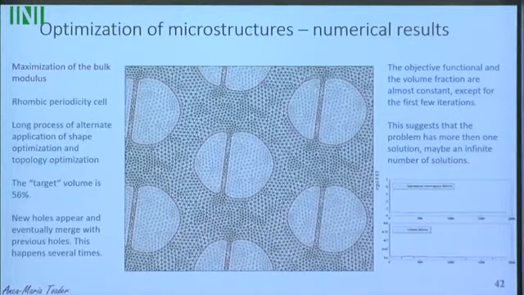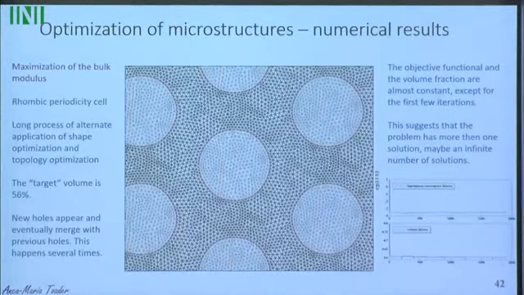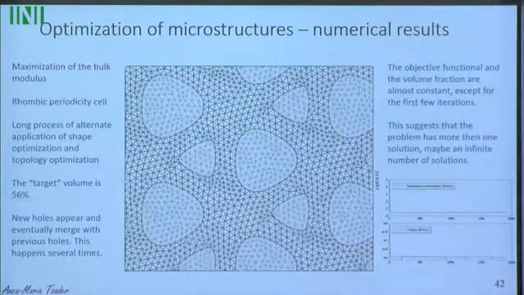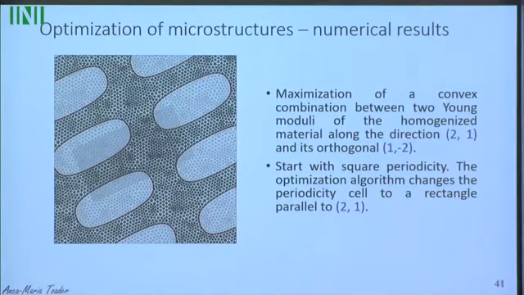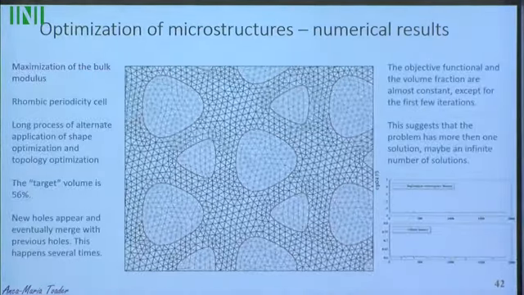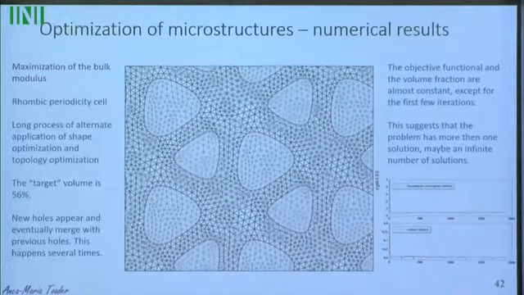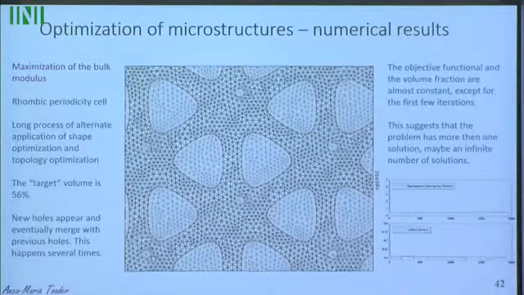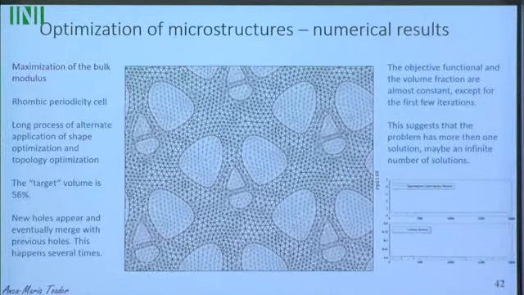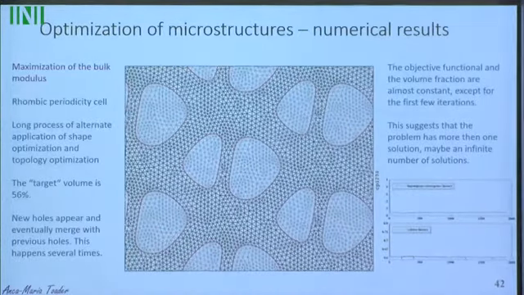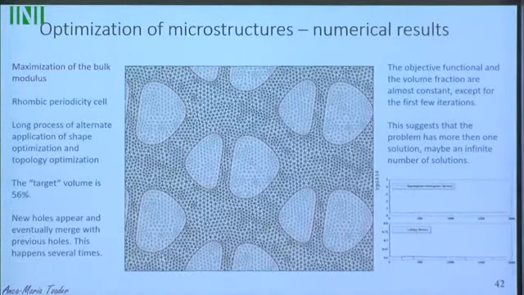And this gives the idea that there might be several solutions, because if we take a look here in the history of convergence of the Lagrangian, except for the very first iterations, we have almost the same value, except for these peaks where we refine the mesh.